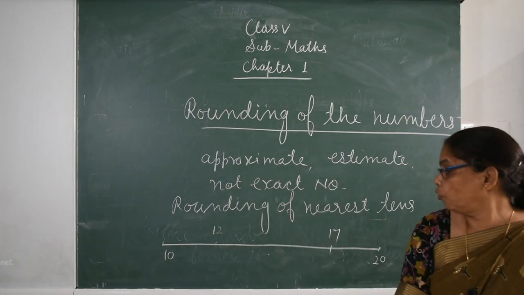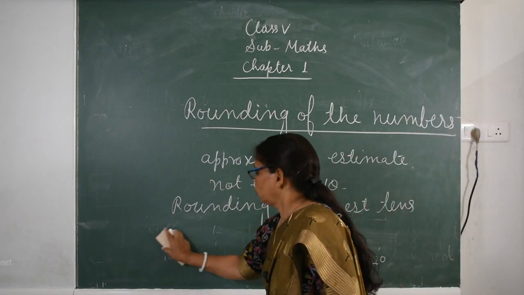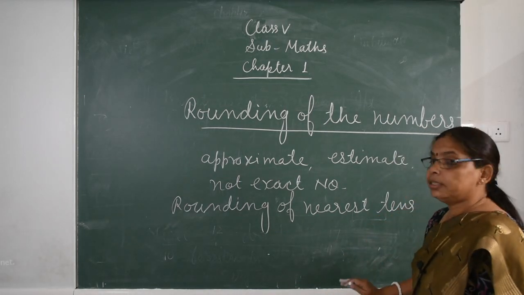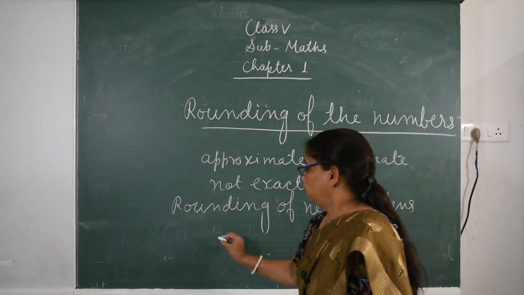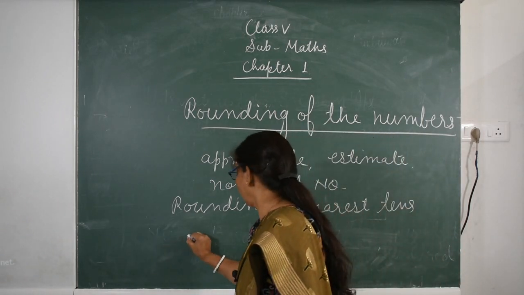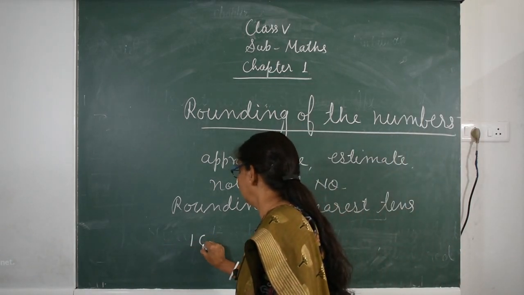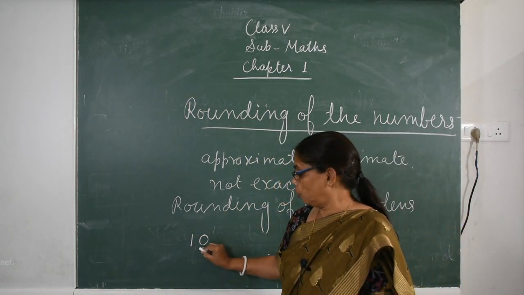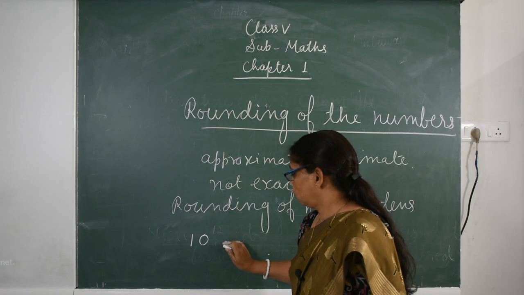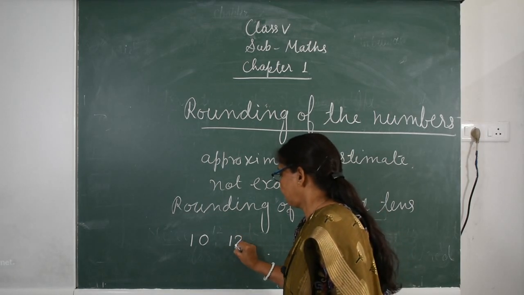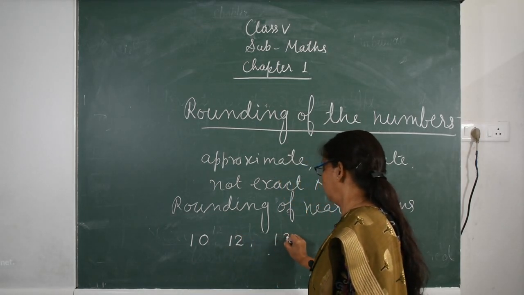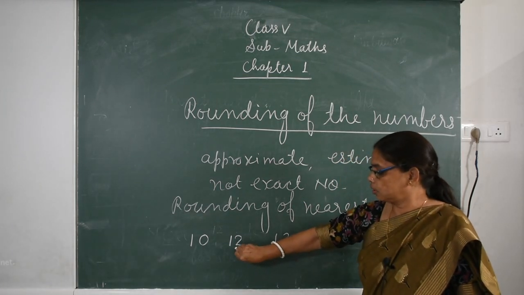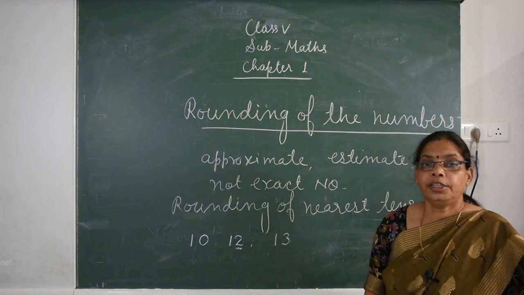So children, we have to follow the rules. Two rules we have to follow. We just see the nearest number. Nearest 10. So which number do we have to follow? We have to find the nearest tens.